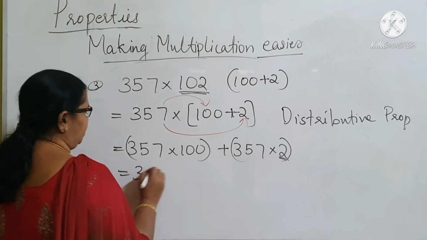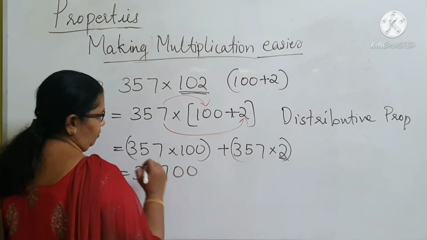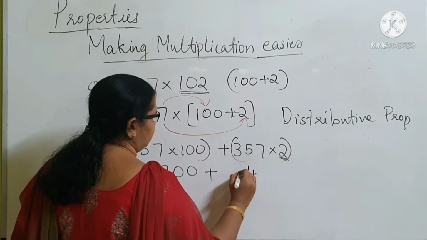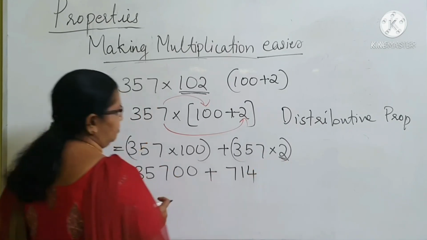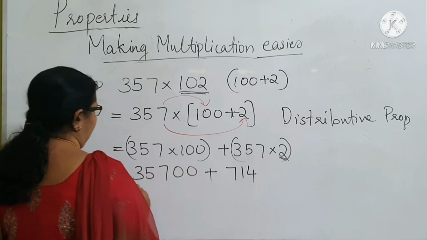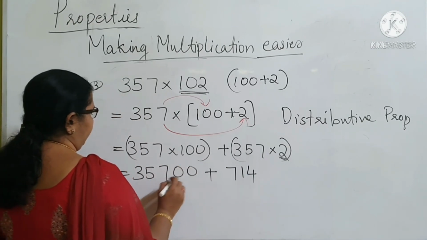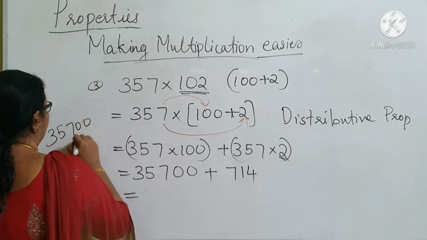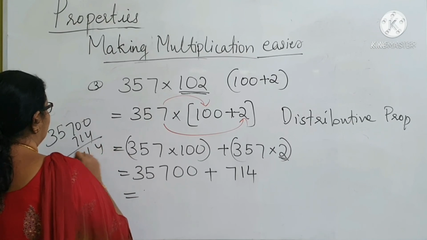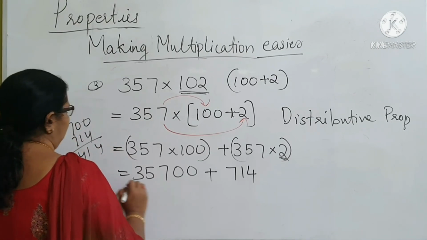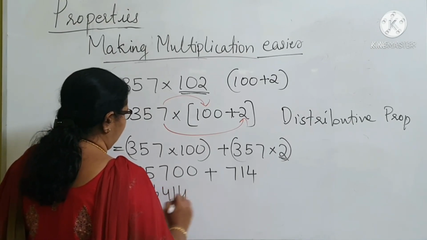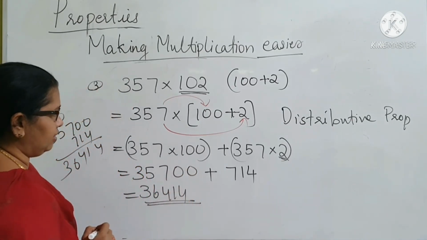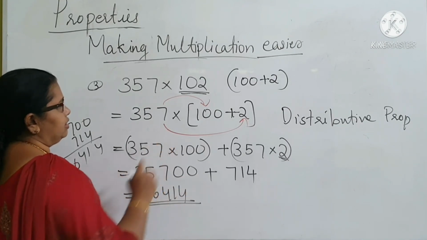That is 35700 plus 357 multiplied by 2, which is 714. Then add: 35700 plus 714 is 36414. So the answer is 36,414. So like this we can multiply.